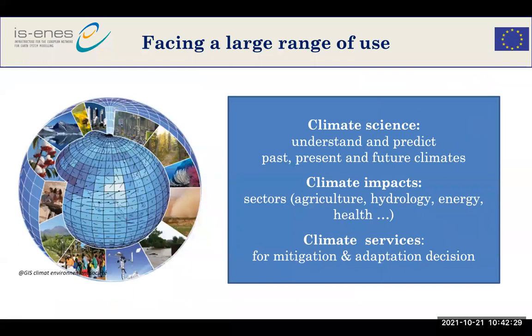Our community faces quite a large range of use. We have the climate science to understand and predict past, present, and future climate. So basically all the diagrams, all the results I showed you were basically coming from the climate science, but there are also all the climate impact community with different sectors, using the input from what comes out from the climate simulations to force some sectorial models for agriculture, hydrology, energy, health.